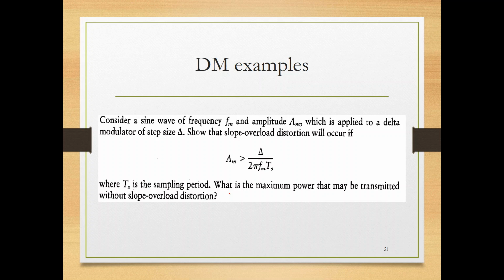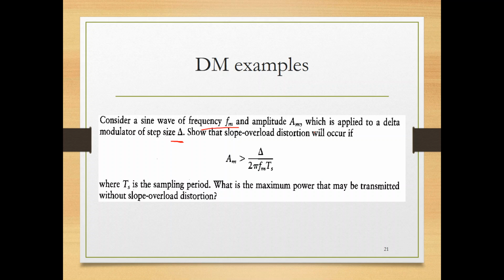Now it's time to apply what we have learned in practice. We have some questions. We need to solve them together so that we basically understand exactly what we are talking about and test whether we know what we have taught and explained or not. So the question says, consider we have a sinusoidal wave of frequency FM and amplitude AM, which is applied to a delta modulator of step size delta.